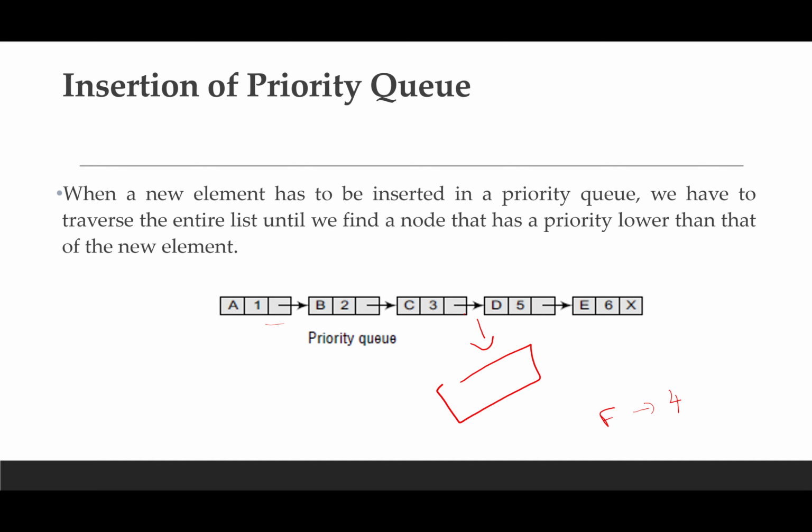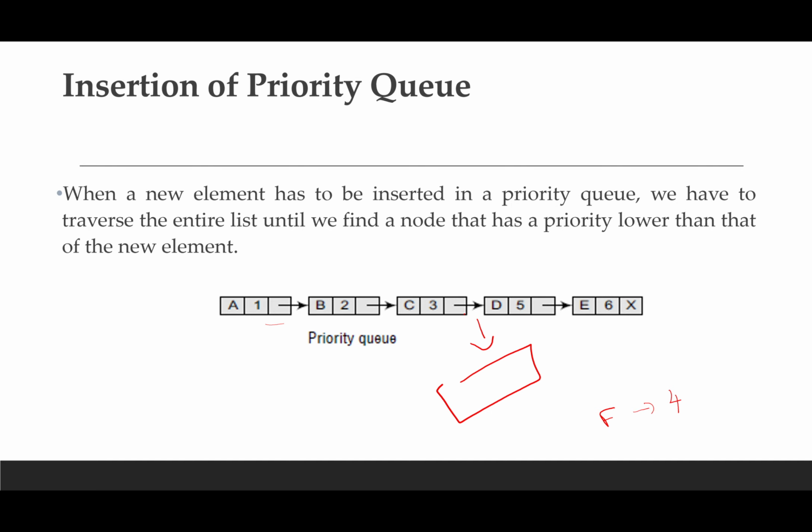And one more thing: from this queue we cannot make out whether A was inserted before E, or whether E joined the queue before A, because the list is not sorted based on first come first serve. Here the list is sorted by using the priority, so the elements with the highest priority come before the elements with the lowest priority.